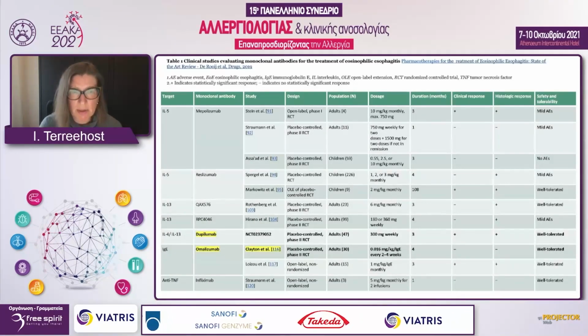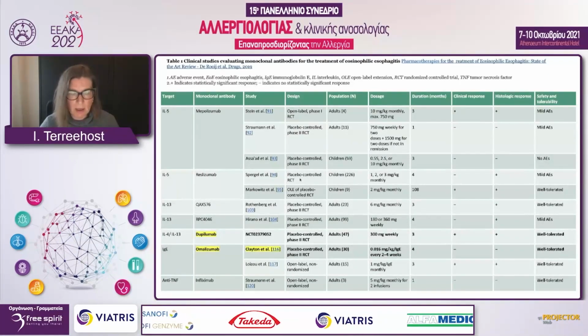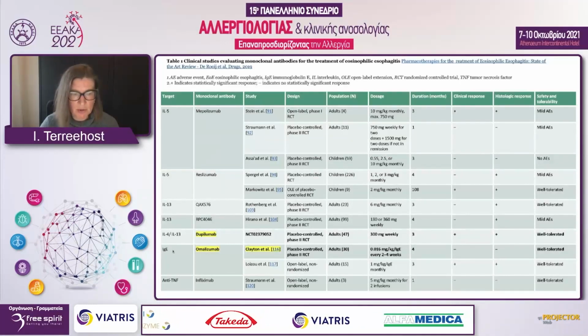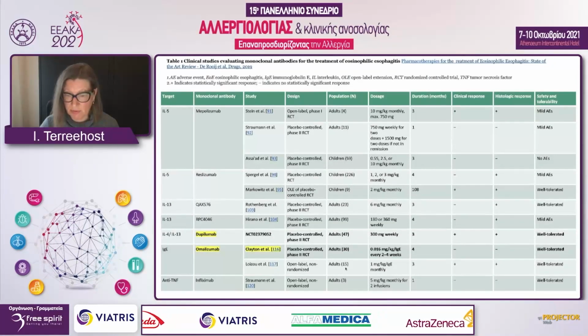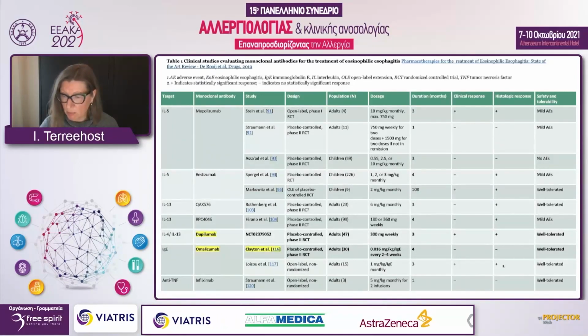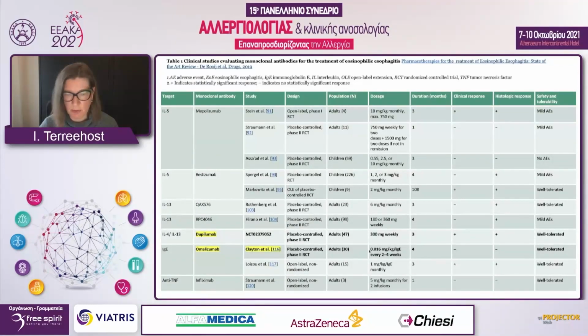So another argument that perhaps IgE is not as important as we really hoped it would be is proven by the use of anti-IgE, omalizumab. There was one study, an open-label, non-randomized study in 15 adults, which showed some positive results, that it was well tolerated. There was a histological response and a clinical response.